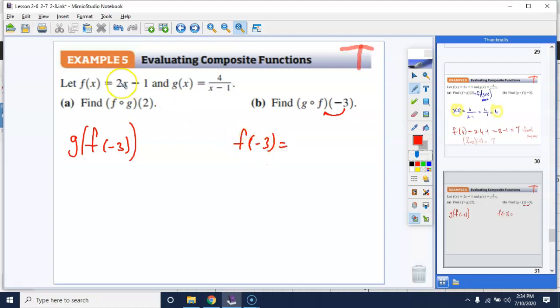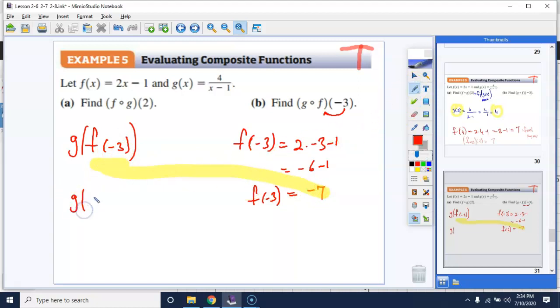To evaluate this, go to the f function. 2 times negative 3 minus 1, negative 6 minus 1, it should be negative 7. So which means f of negative 3 equals negative 7. So I'm going to take this and go to here, because f of negative 3 is negative 7. Replace them. So as of right now, I'm looking for g of negative 7.